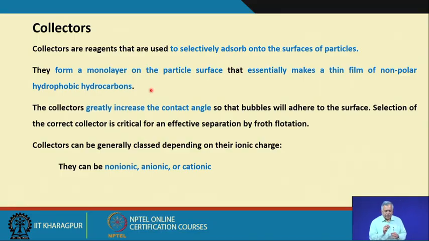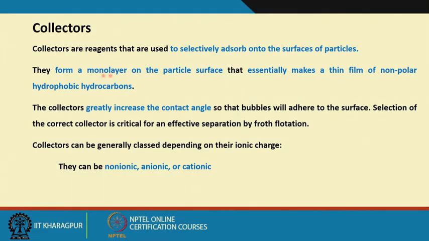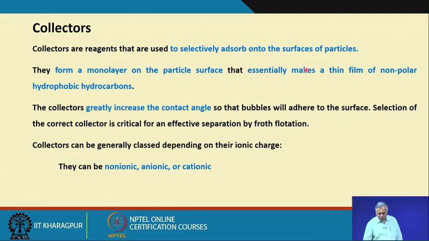That means this chemical should selectively attack the particles I want, be adsorbed onto their surfaces, and then form a monolayer on the particle surfaces in such a manner that a thin film of nonpolar hydrophobic hydrocarbon is formed. That means I want to increase the degree of hydrophobicity of those particles by this mechanism.